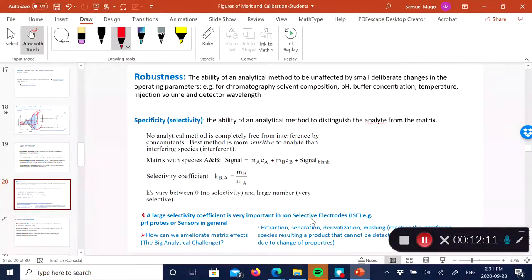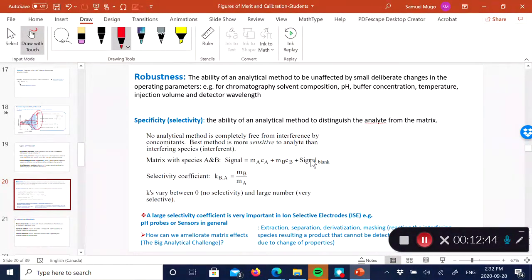Almost any sensor tends also to be affected by the matrices, but ideally you want that to happen in very, very limited cases. So you can see again, the goal here is to handle the matrix effects, which we call the big analytical challenge, because every sample always has matrices that tend to interfere with the analysis.